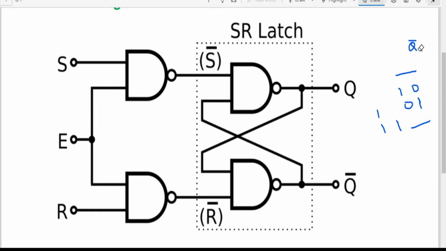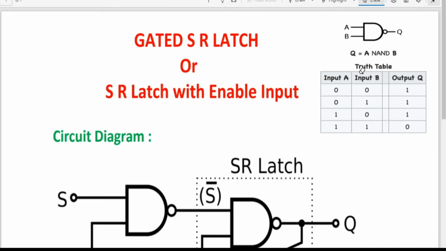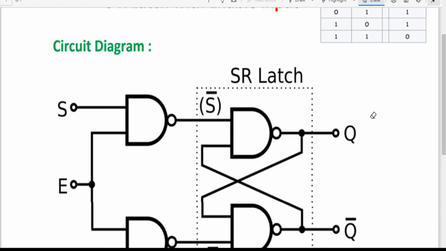Now let us start discussing the next state of your SR latch, that is your gated SR latch. Now the SR latch that we discussed was asynchronous. Asynchronous means that whenever an input was given to the S, automatically the value of Q and Q bar used to change.